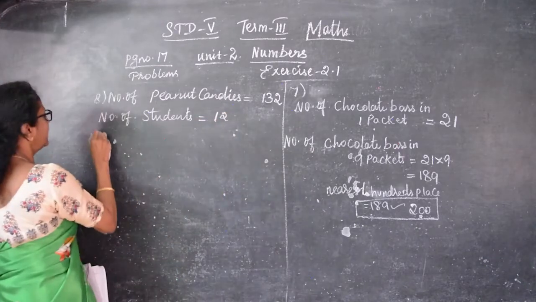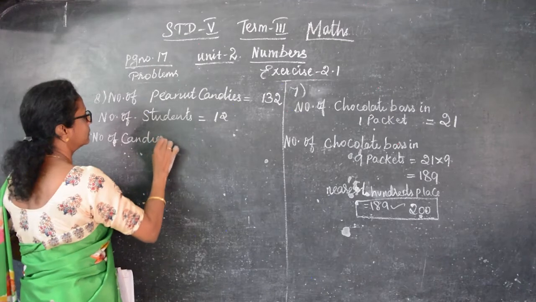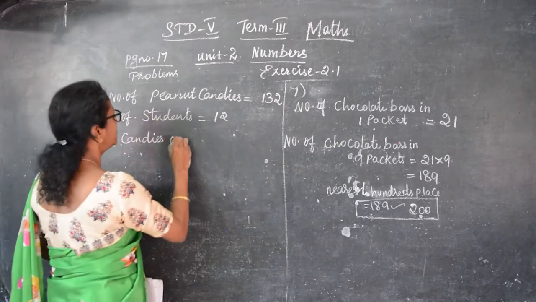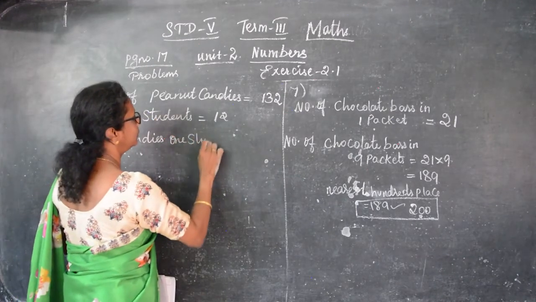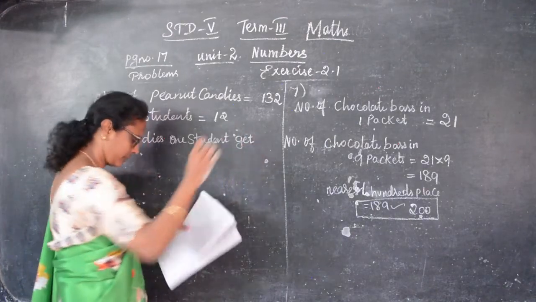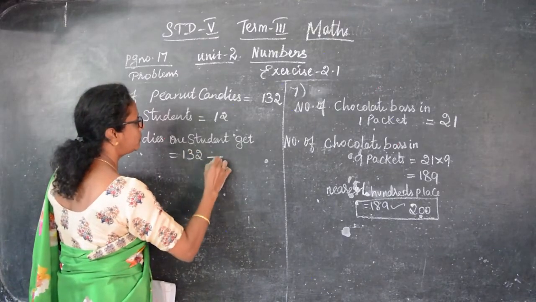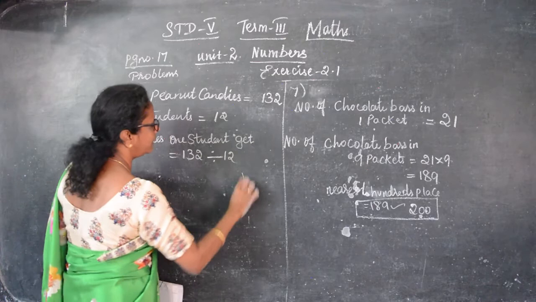So number of candies one student gets is equal to 132. To find for one student, you have to divide by 12.